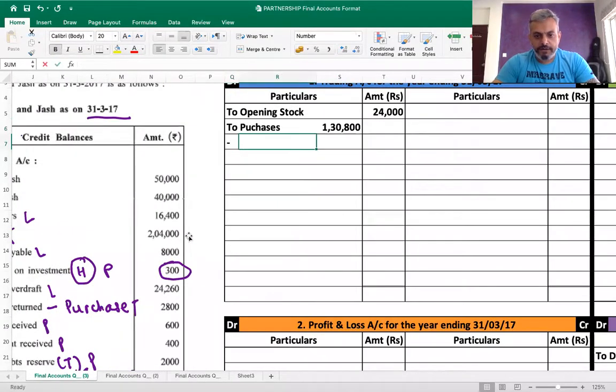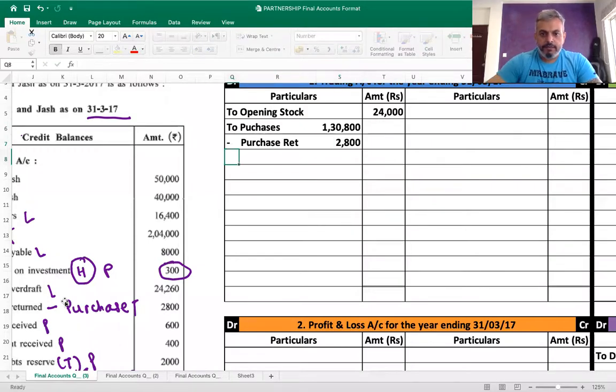Purchase return we do together only. Purchase return is 2,800. So what we are left with is 1,28,000. Then we have 2 adjustments.